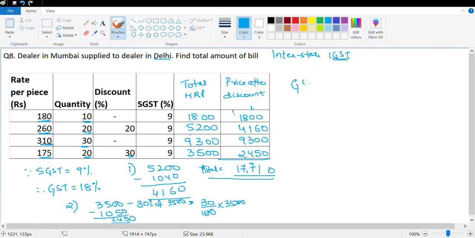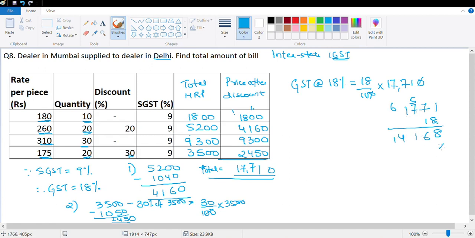GST at the rate of 18% would be 18 upon 100 into 17,710. That's 1,771 multiplied with 18. That's 8. 8 into 7, 56. 8 into 7, 56 plus 5, 61. 8 plus 6, 14.